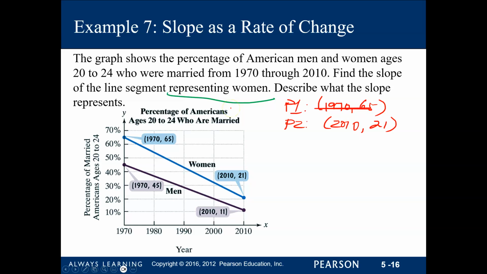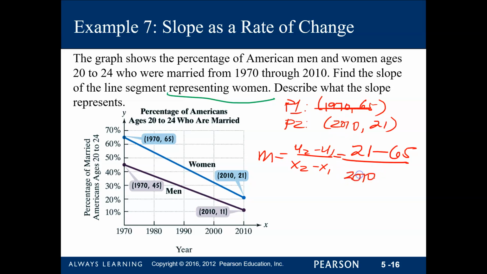So if we are going to look for the slope, remember the slope formula is the difference in y, y2 minus y1, over x2 minus x1. So our y2 is going to be 21 minus the y value of the first point, which is 65, divided by the x values of the points, so 2010 minus 1970.